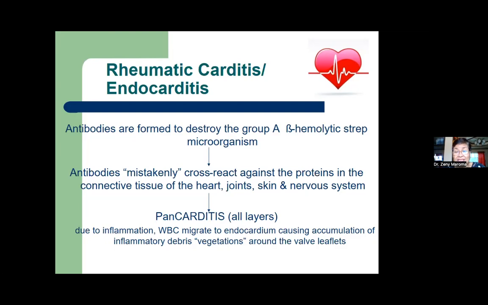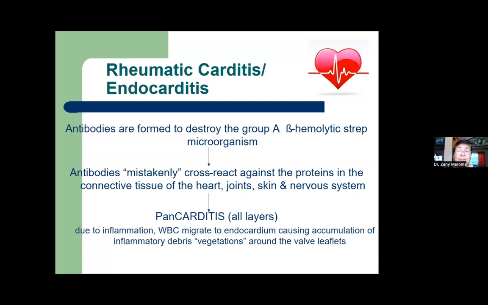Okay? So bakit sinabing autoimmune reaction? Kasi antibodies, no, destroy the body's own cell, particularly the heart, joint, skin, and nervous system. Now, because of inflammation, diba, namamaga ang ating mga connective tissues, then there'll be the cellular response. Okay?